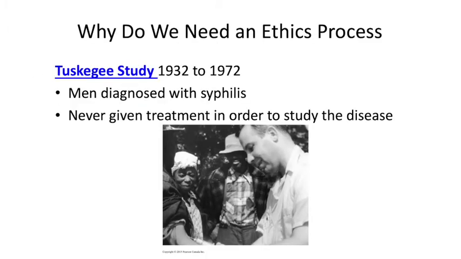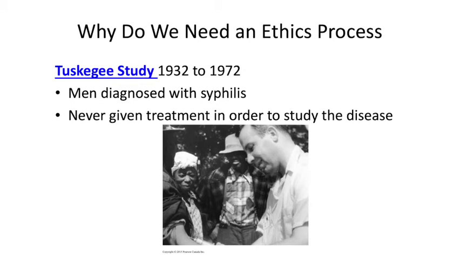So why am I droning on here about ethics in psychology research, ethics in research generally? That's because we've abused our powers as researchers, and this has happened time and time again. There's probably nothing more illustrative of this abuse of power in research than the Tuskegee study, which ran from the 1930s to the 1970s.